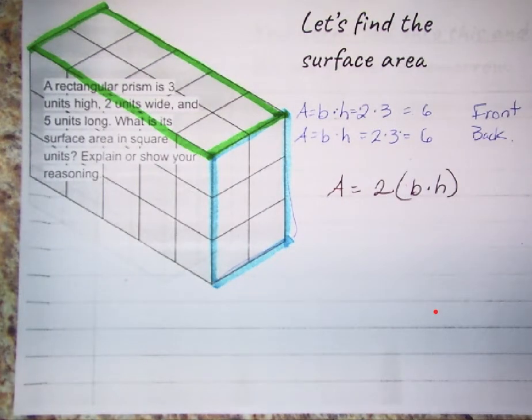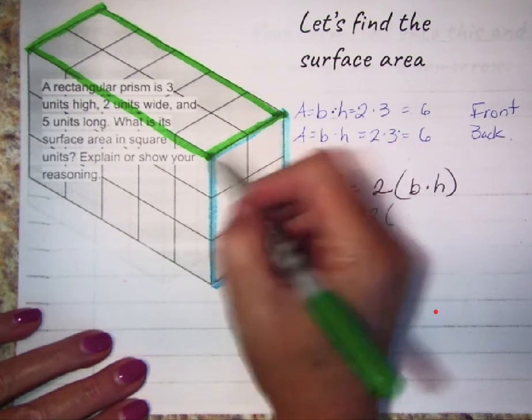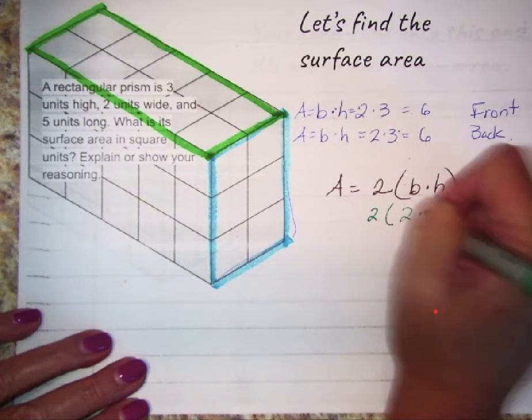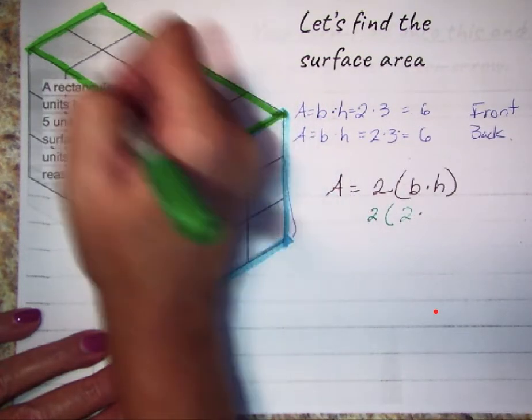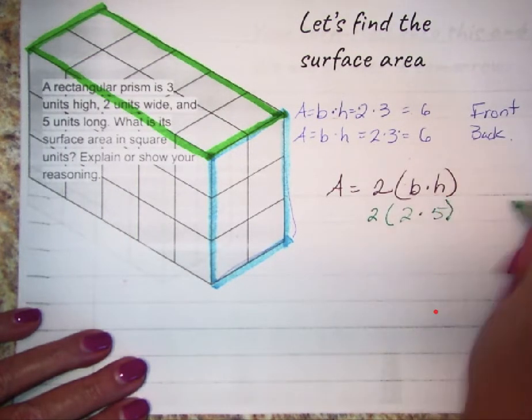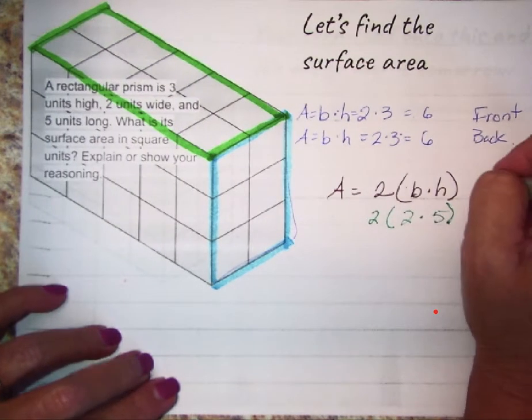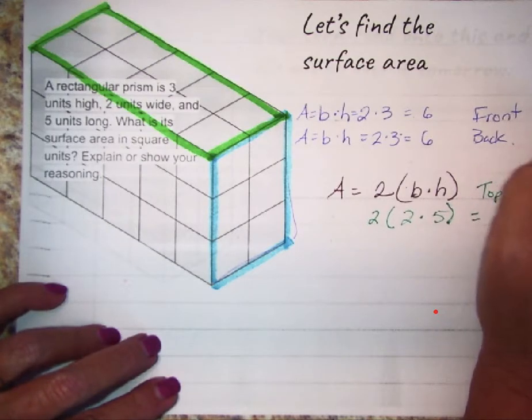Sorry, I picked up the wrong color. 2 times base, we can use 2 as the base. Height, 1, 2, 3, 4, 5. So 2 times 5 is 10. 10 times 2 is 20. And this is for the top and bottom.